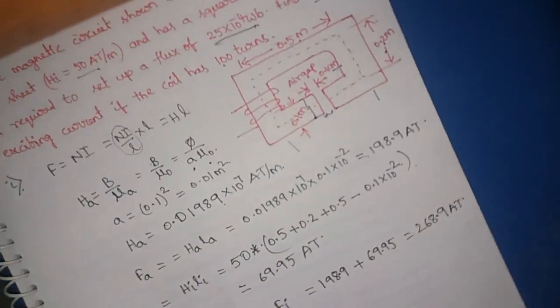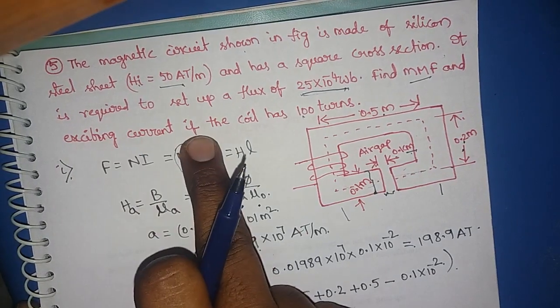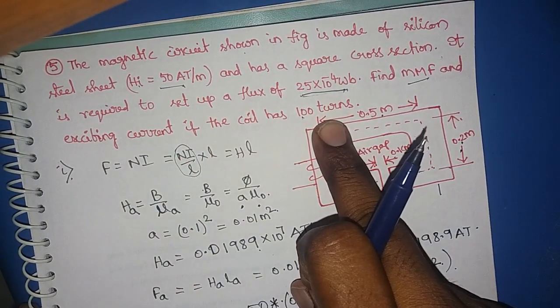The second one is the exciting current if the coil has 100 turns.